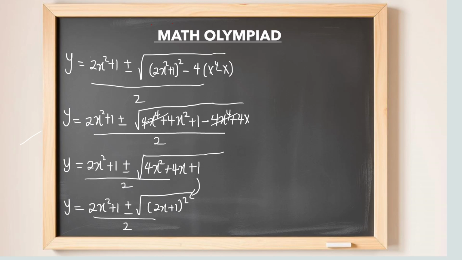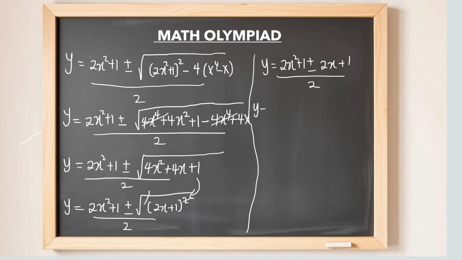And from here, solving this further, here I can say y equals 2x squared plus 1 plus or minus, the square root is going to cancel out this square. So here we have 2x plus 1, all over 2. Now we're going to have two values for y.